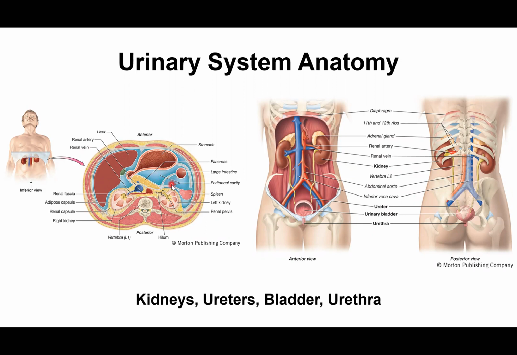And you'll notice that the kidneys are not actually encased within that blue cavity. They're actually located behind. So something interesting about the kidneys as an organ is that, instead of being within this peritoneal cavity, like most of our abdominal organs, they're located retroperitoneal, meaning behind the peritoneal cavity.